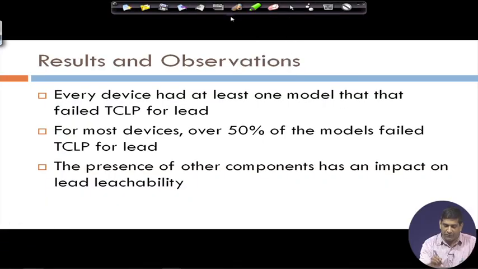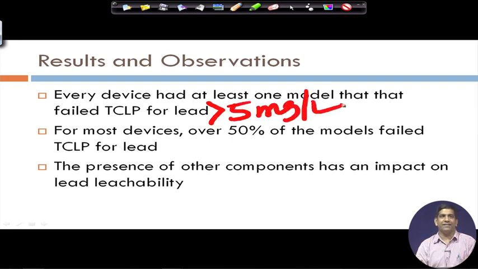If you have forgotten, go back and watch that video again. We tested for lead, and we found that the lead concentration was greater than 5 milligrams per liter. So that actually means that it has failed TCLP for lead.